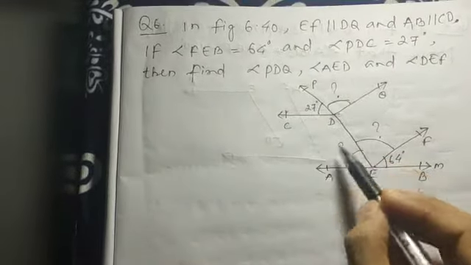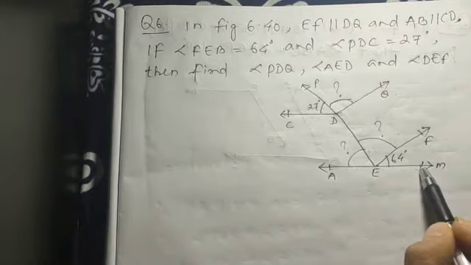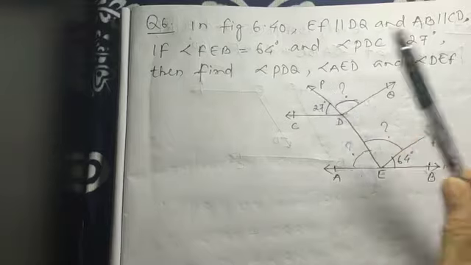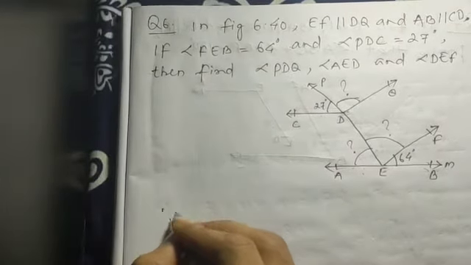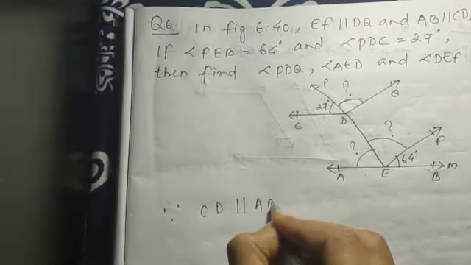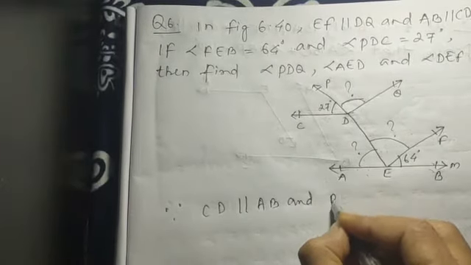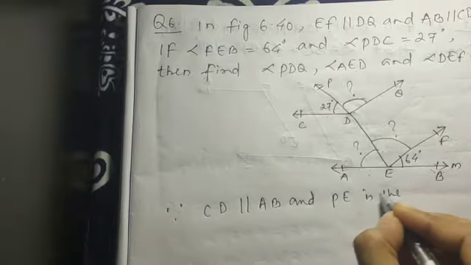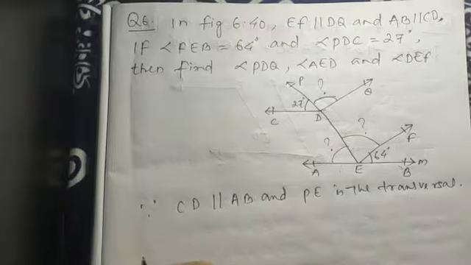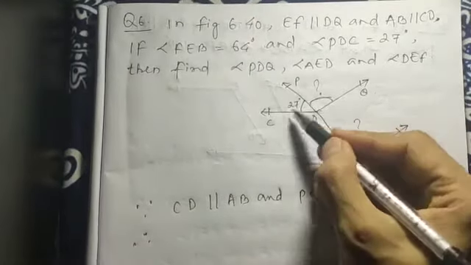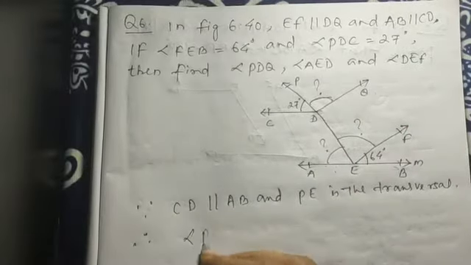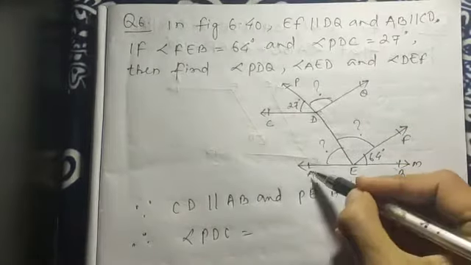You see, CD is said to be parallel to AB, right? CD is parallel to AB, and this PE is the transversal. So since CD is parallel to AB and PE is the transversal, therefore this angle PDC is equal to angle AED.